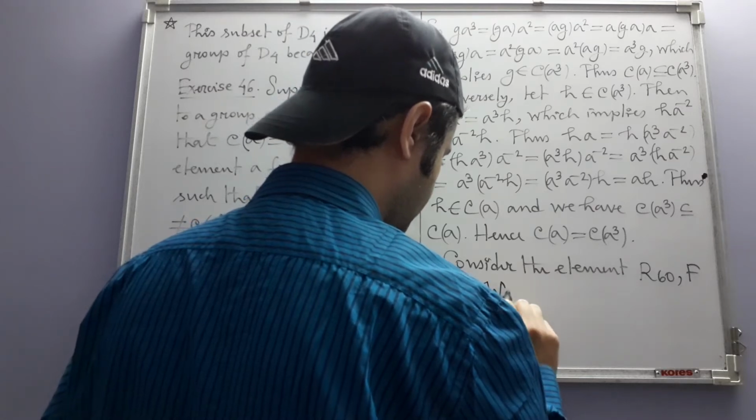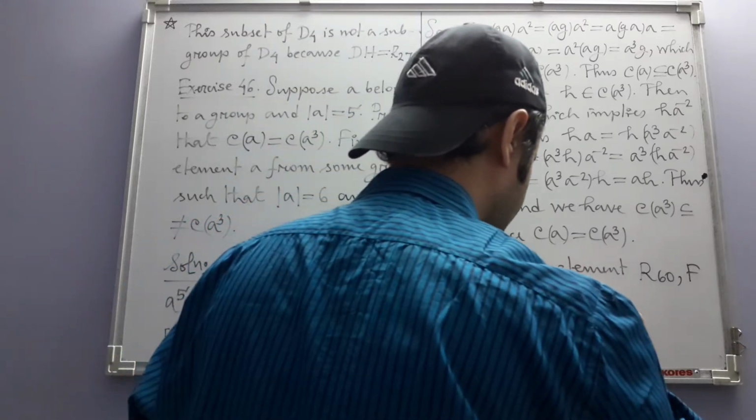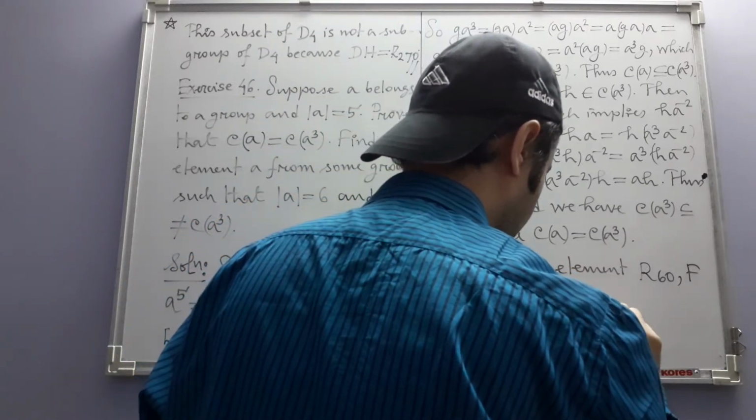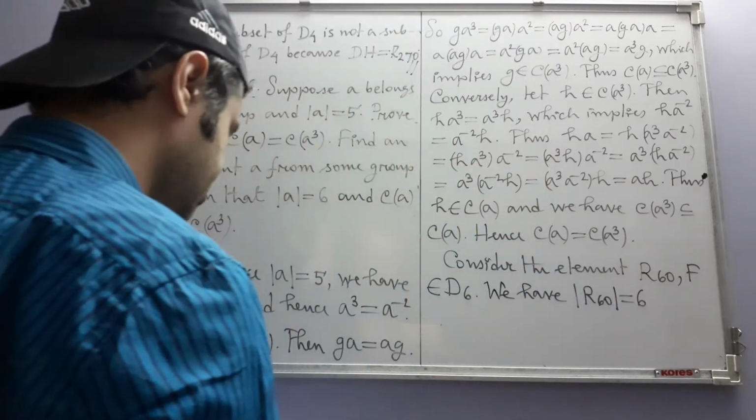We have for these elements, the order of R60 turns out to be equal to 6. You can verify this in fact.